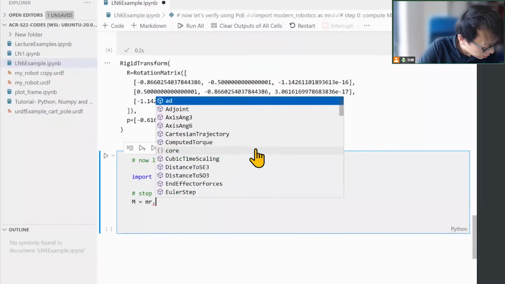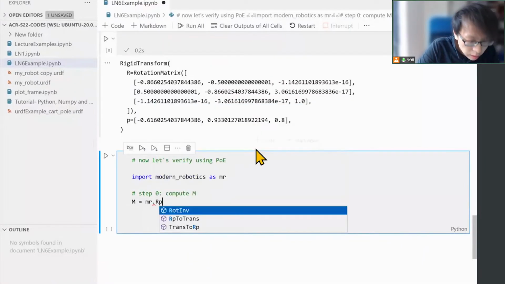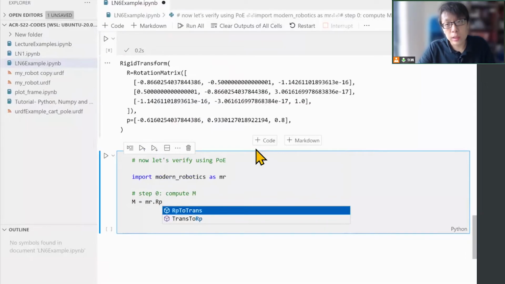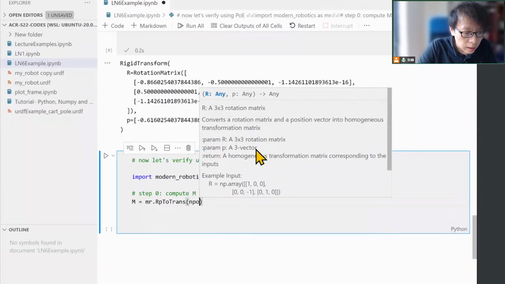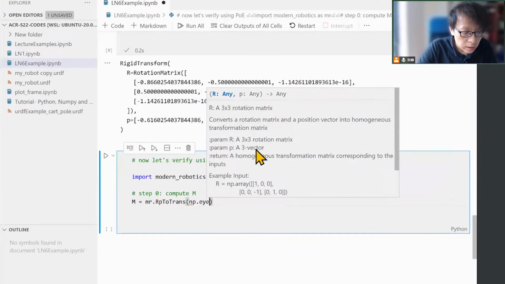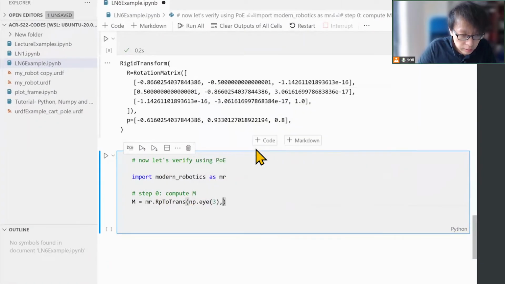This is RP, the rotation matrix and the displacement vector, to homogeneous transformation matrix. You need to tell them R first. R is numpy dot identity 3 by 3 matrix.